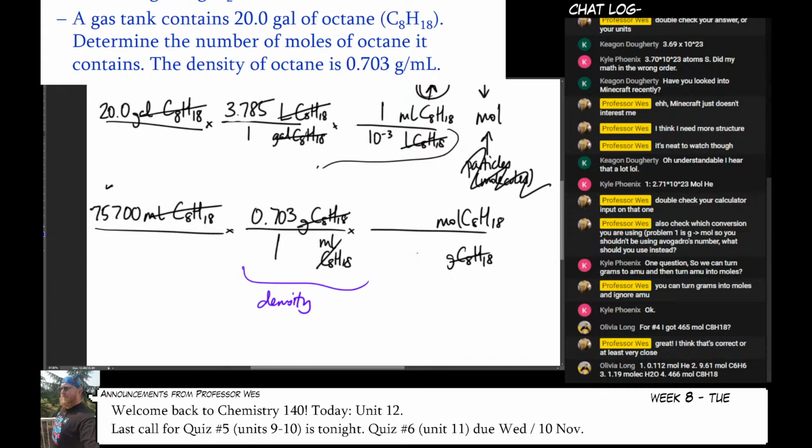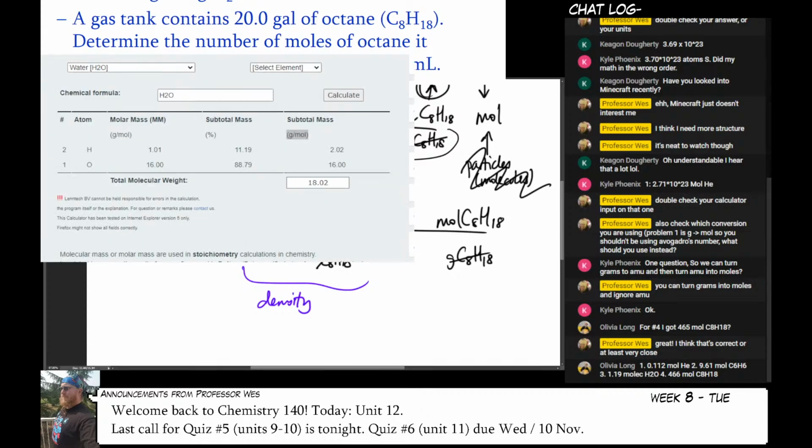And then over here, how many grams of octane are in a mole? Well, we go back to Lentech. So we'll just turn that back on. And then I'll just type in C8H18 and hit enter. And it says 114.23.